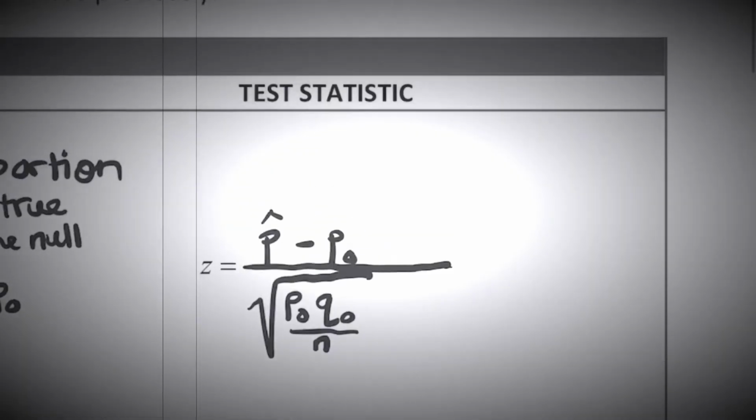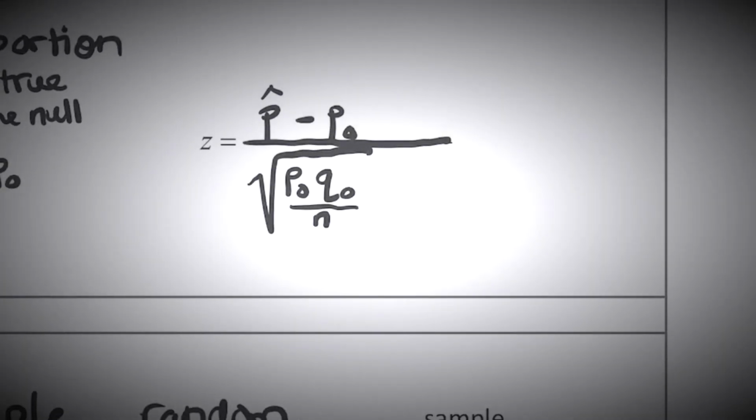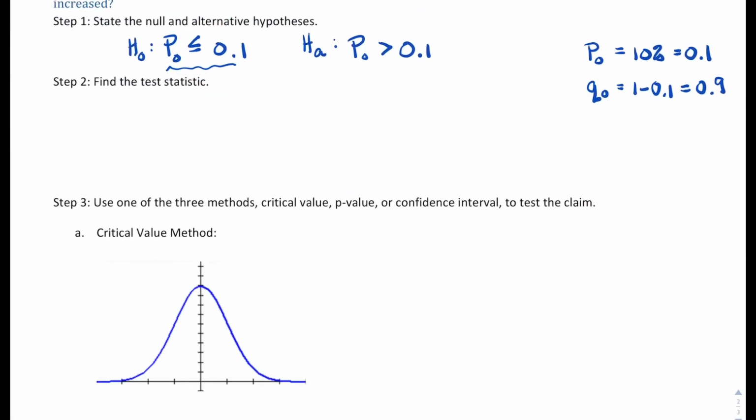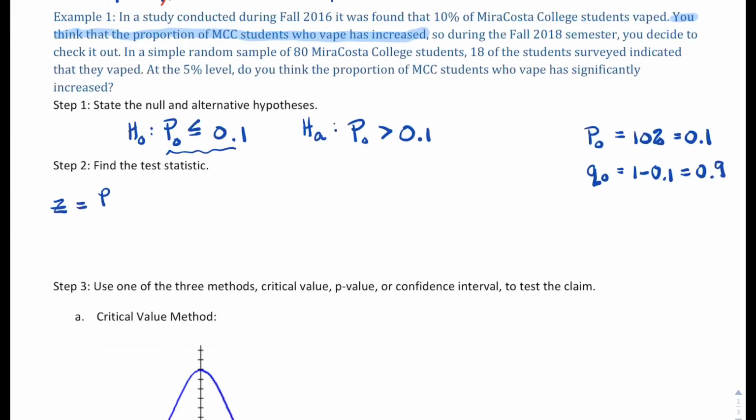Well, we know this is the formula for our test statistic, right? So, by the way, you'll be provided with these formulas on the exam. So, Z is equal to P hat minus P0 divided by the square root of P0 times Q0 over N. Well, geez, we don't have all the info quite yet, do we?